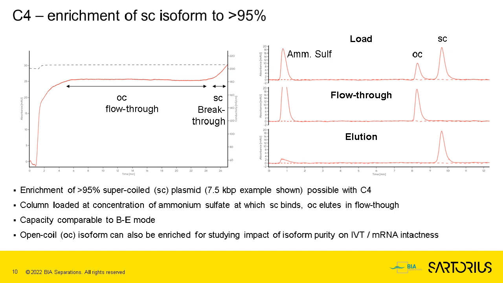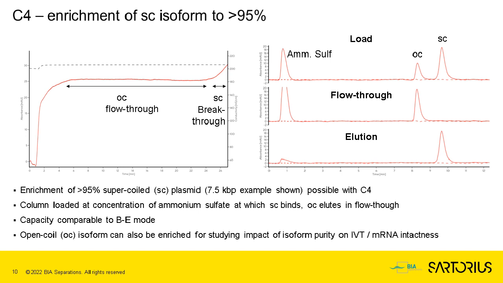So if, for reasons of risk assessment, let's say a company or a laboratory wants to stipulate for itself a 95% pure supercoiled plasmid for downstream use in IVT, this is perfectly possible. Although I should like to add my personal opinion that the percentage of open coil, to my knowledge, has not been shown to be detrimental in any way to the quality of mRNA produced.